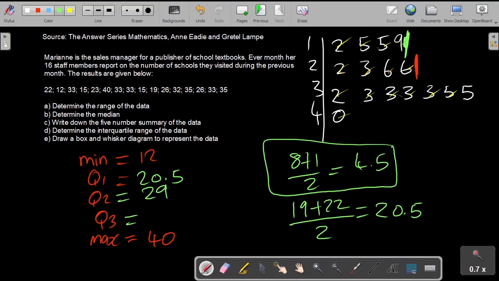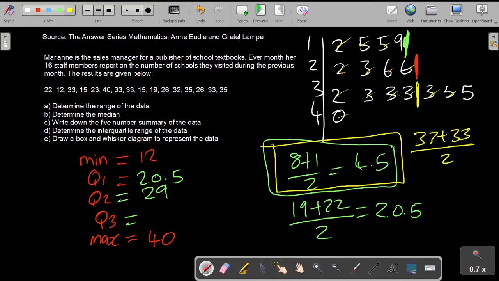We just have to find Q3, and Q3 would be the median of the upper half, and we do the exact same thing. It would be at the position 4.5, which is 1, 2, 3, 4 right there. And if you do this to calculate your median, it's exactly 33. That'll be your Q3.